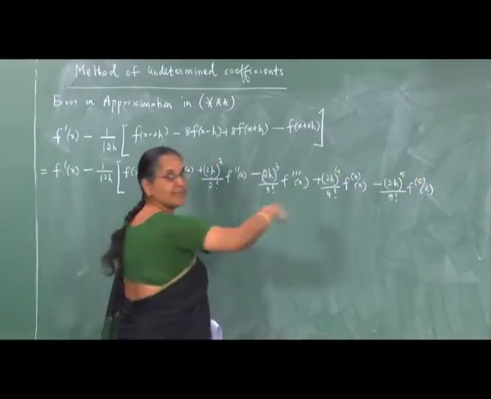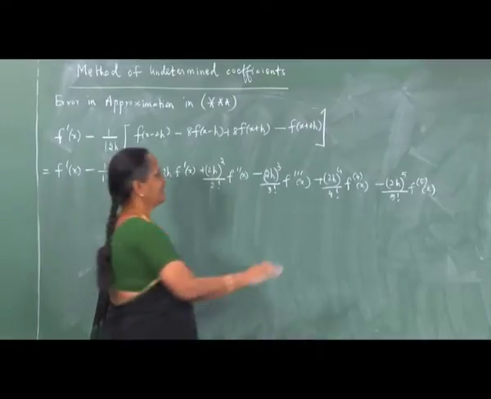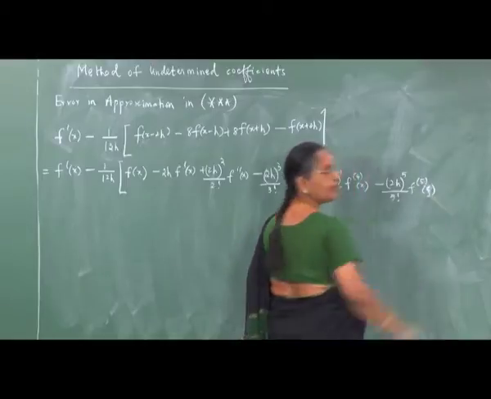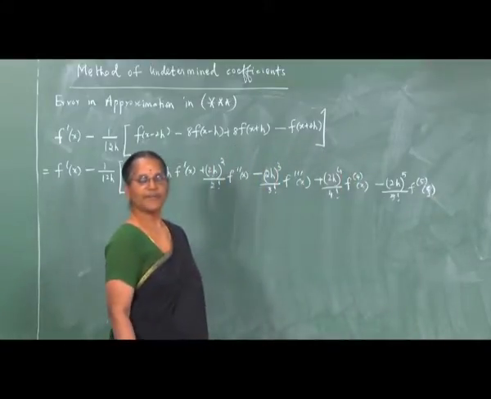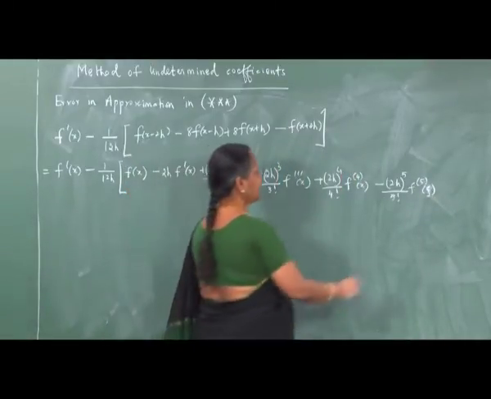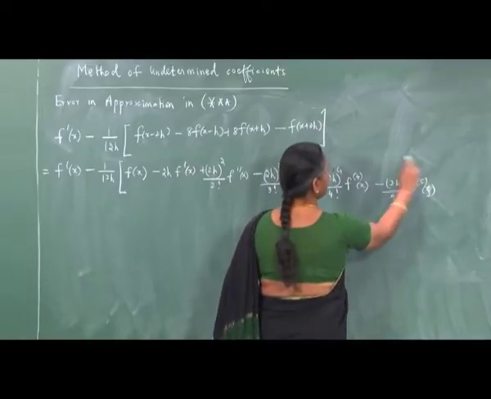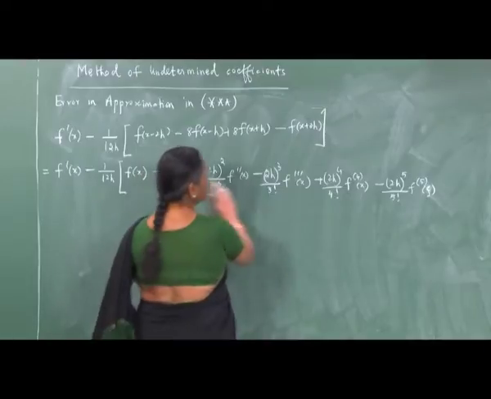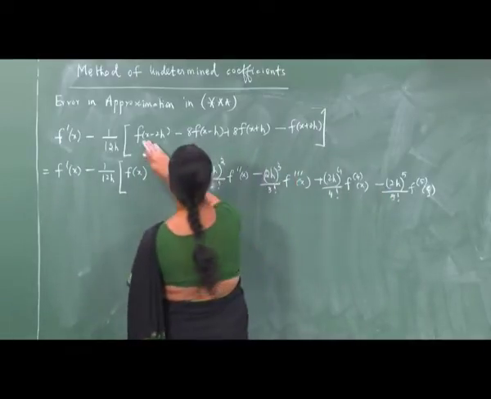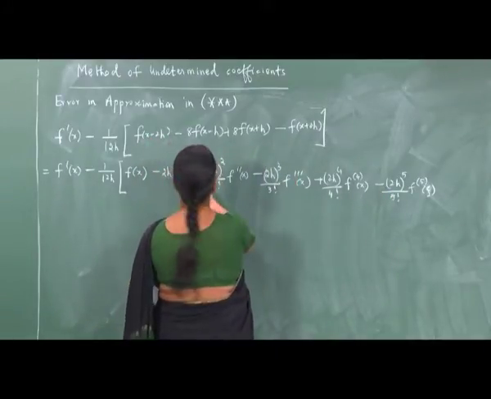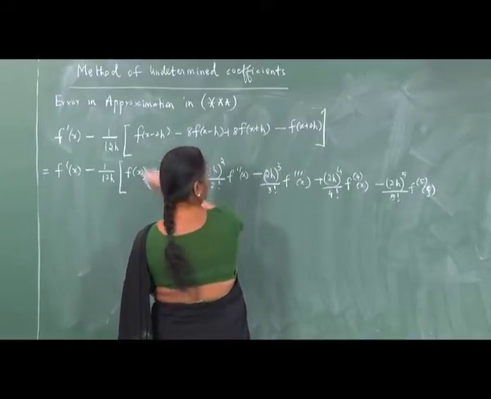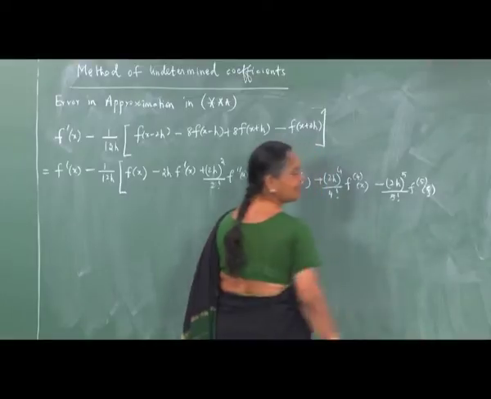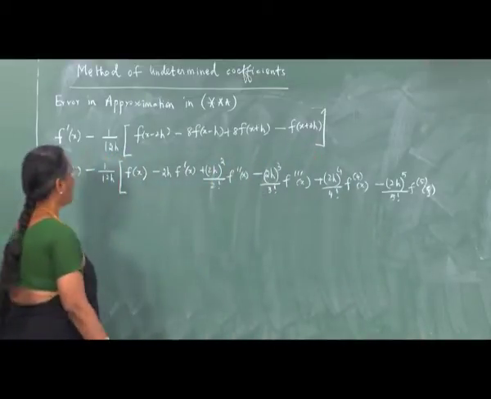I can write down some more terms. Let us stop at this and then see whether we are able to obtain an expression for the error term. Since I have truncated here, this is going to be the error term in expanding f of x minus 2h about the point x. So, I present the error in terms of the fifth derivative, say at psi.